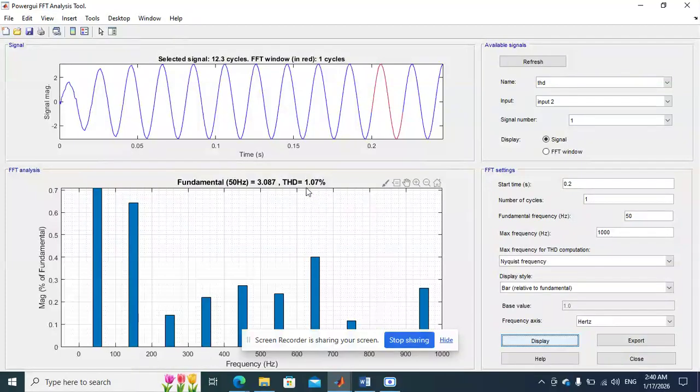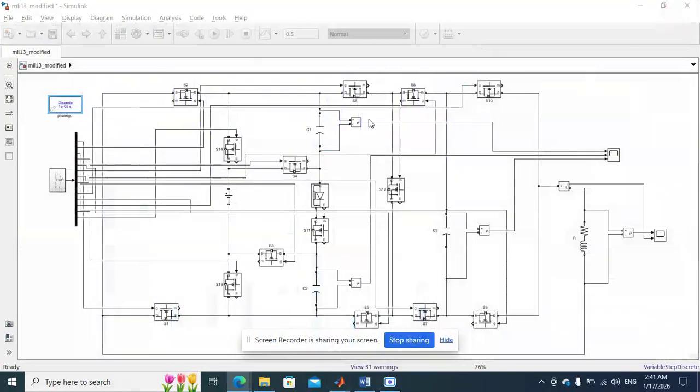Here the THD is around 1.07 percent for this 13 level inverter.